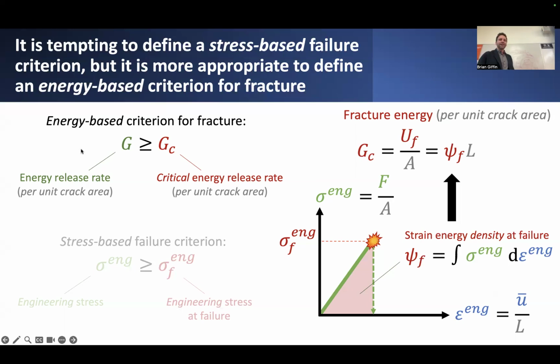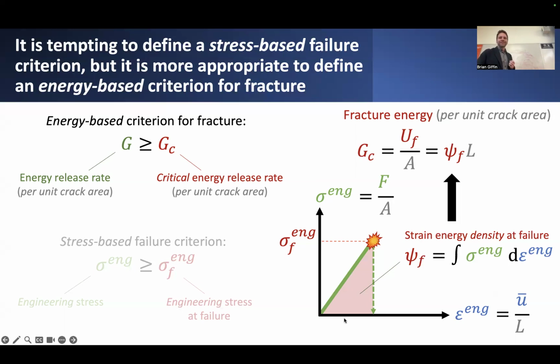If I want, I can also define some measure of the strain energy per unit of area at this crack location, and then assess the current measure of energy per unit surface area in my specimen, and test whether it exceeds this threshold, the critical fracture energy. So that's one way that you can assess fracture.